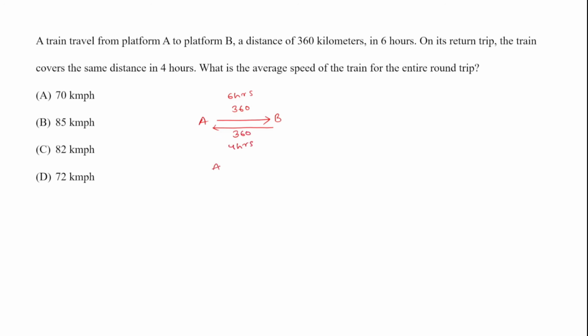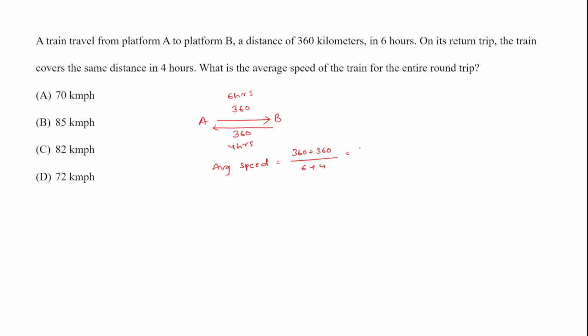Now we need to calculate the average speed of the train. So for this average speed, we need to combine the total distance and then add the total time also. So here the total distance is 360 plus 360, and the total time is 6 plus 4.